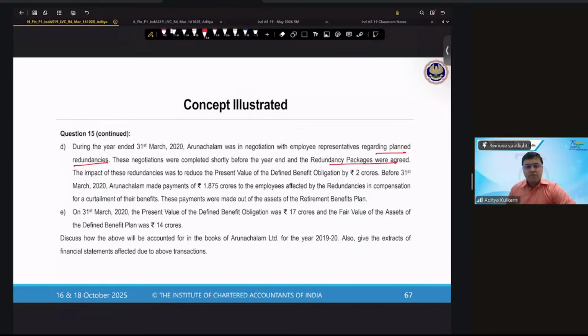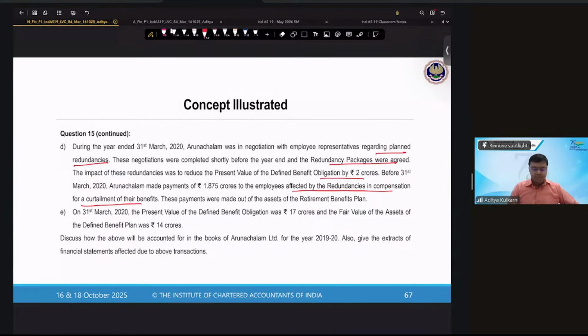The impact of these redundancies was to reduce the present value of the obligation by 2 crores. Before 31st March 2020, Arunachalam made payments of 1.875 crores to the employees affected by the redundancies in compensation for a curtailment of their benefits.